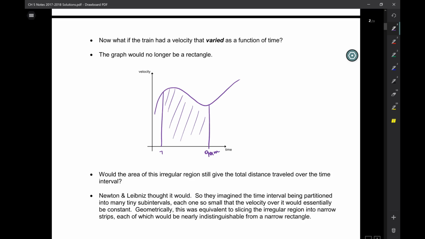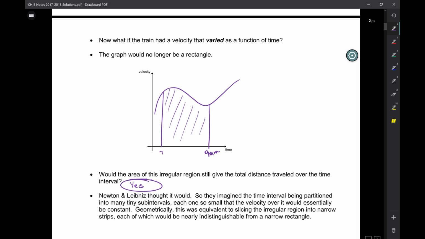It's no longer a rectangle. But what does that area represent? It's some irregular shape. Now let's say there was a way to find the area of that irregular shape. Would the area still give the distance? Yes, it would.